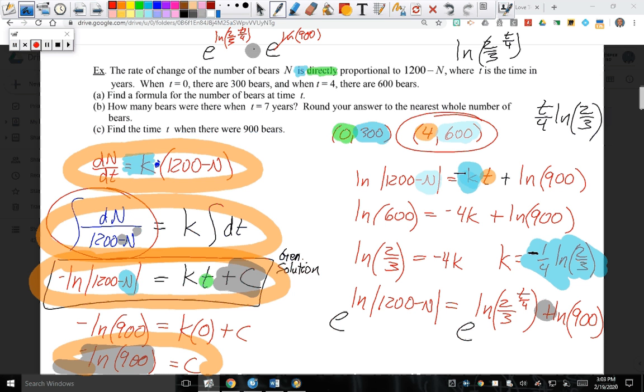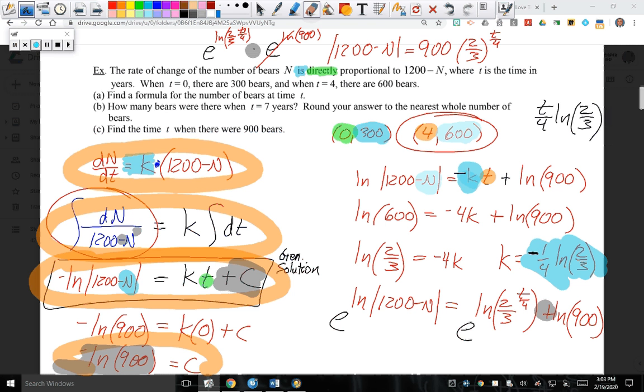What is this simplified to? 900. I'm running out of room. Let me write over here. And what is the other one simplified to? 2/3 to the t over 4. And the left side? Yep, still that absolute value. Any questions?